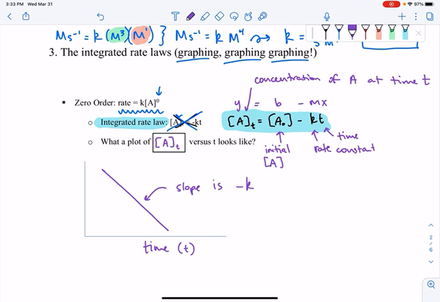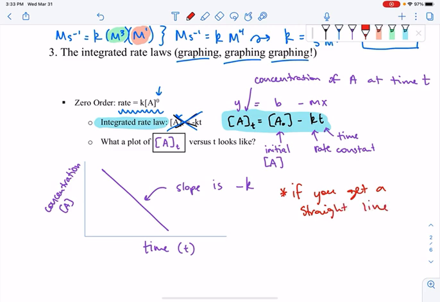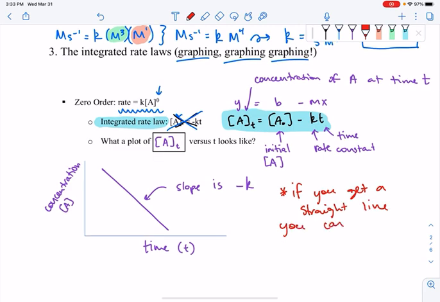Here we have concentration of A. So basically, if you take the concentration of A and plot it versus time, and you get a straight line, you can say the reaction is zero order.